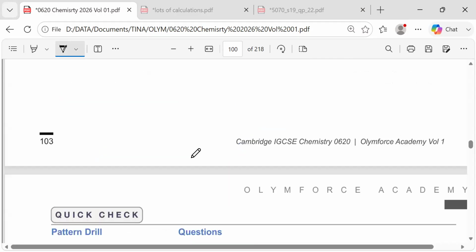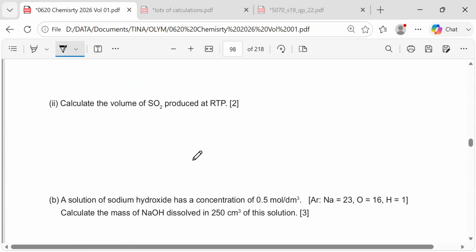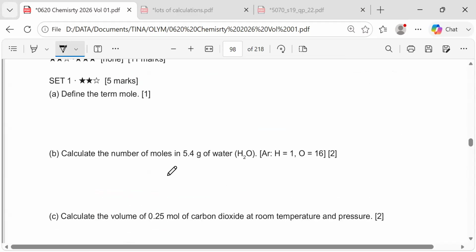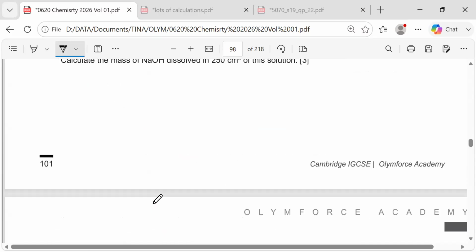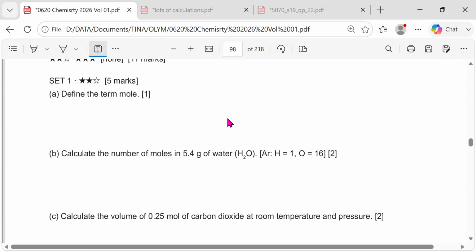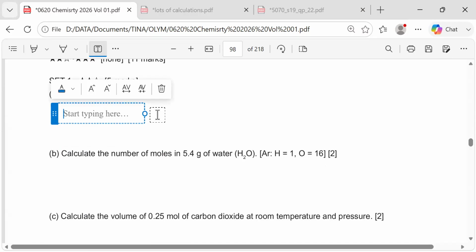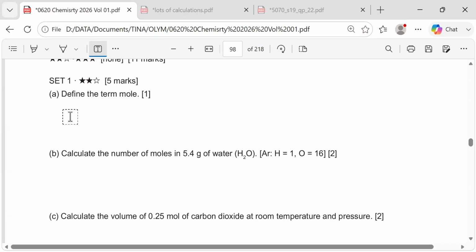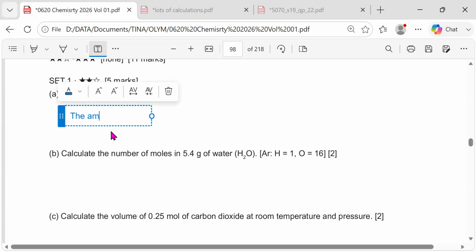Okay, how do we use it? Look at this page, page 101. Define the term mole: the amount of particles that equals 6.02 times 10 to the power of 23.